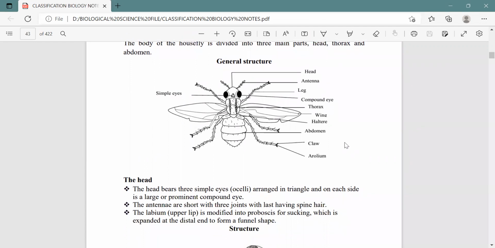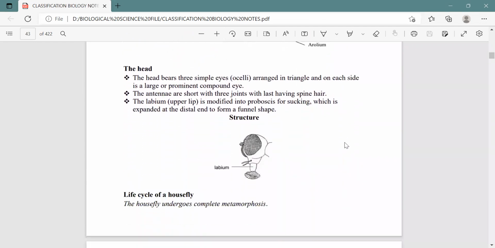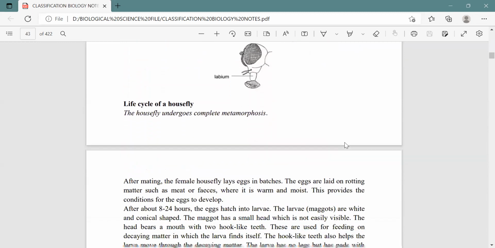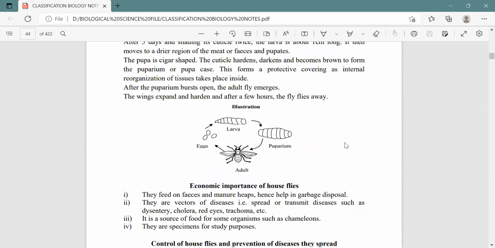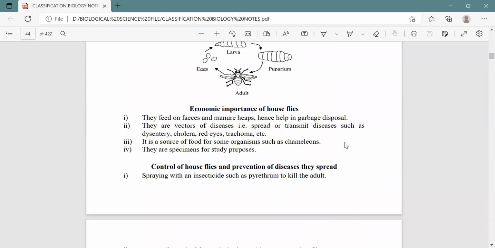And each of these features, the head, the thorax and other parts are described, but I'm interested also in the economic importance of houseflies. Read them.